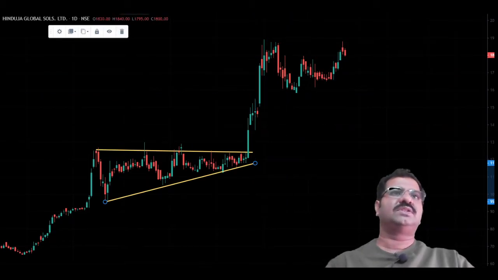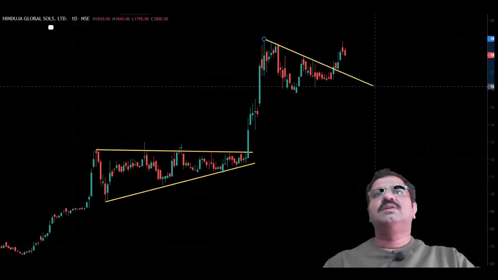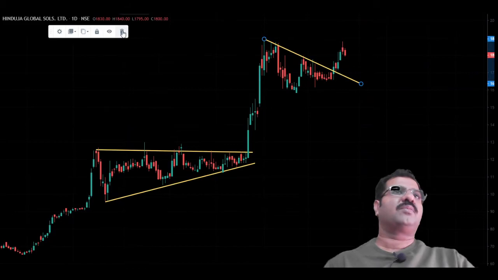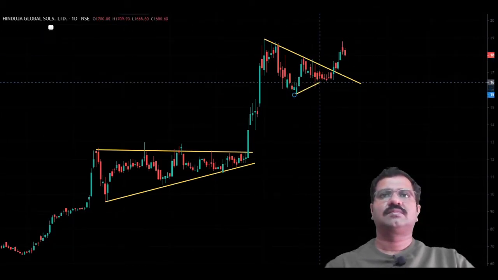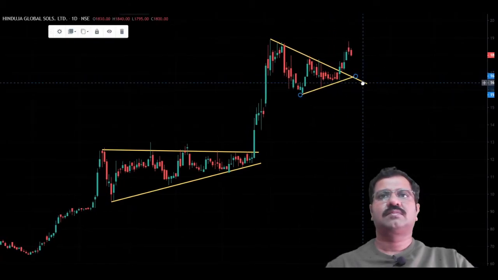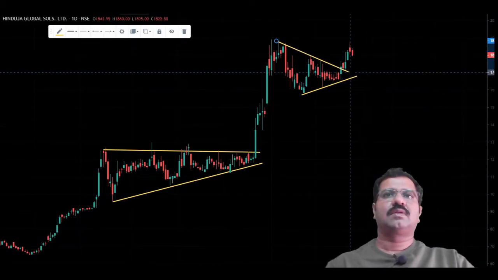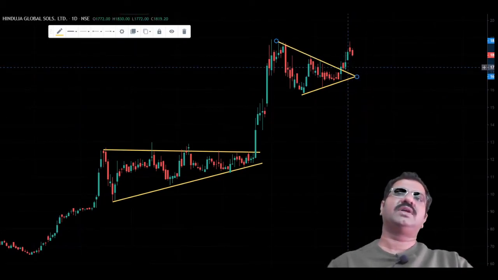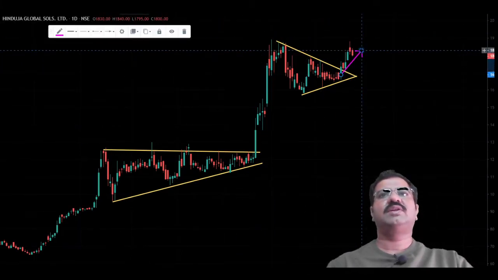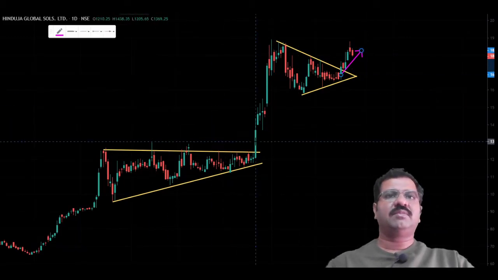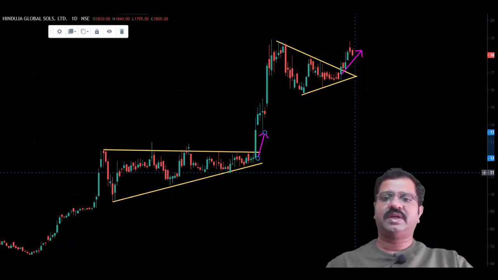Now this, see, this is also a triangle, but this is not an ascending triangle, this is more of a symmetric triangle, right? See, this is the breakout here, and you have to trade in line with the breakout, in line with the trend, and every time it breaks out of the consolidation triangle pattern, it gives you good profit.